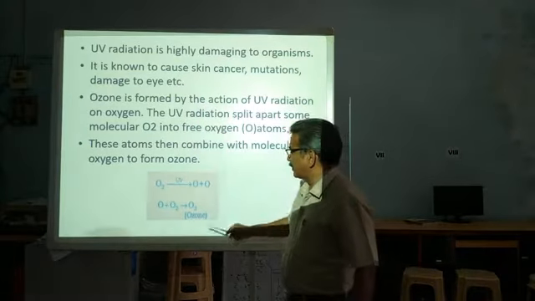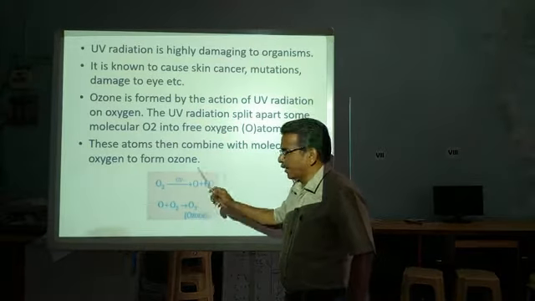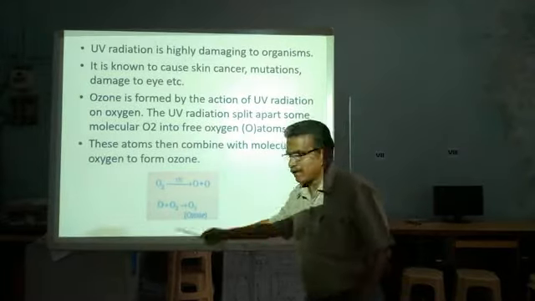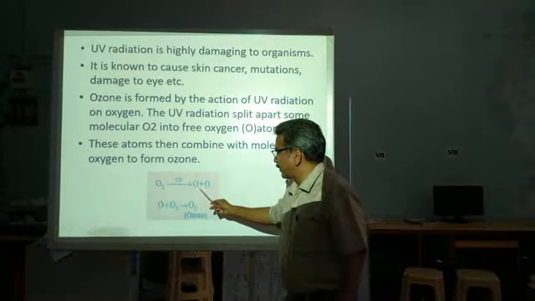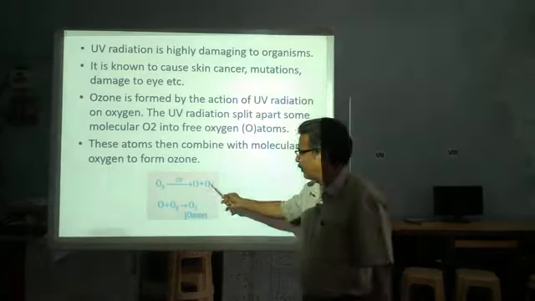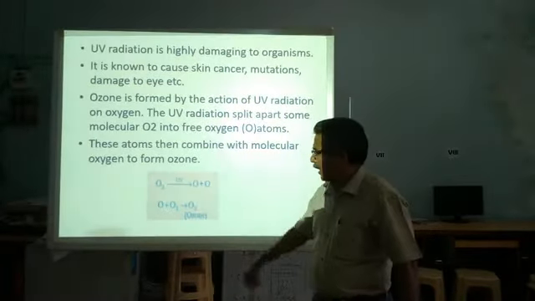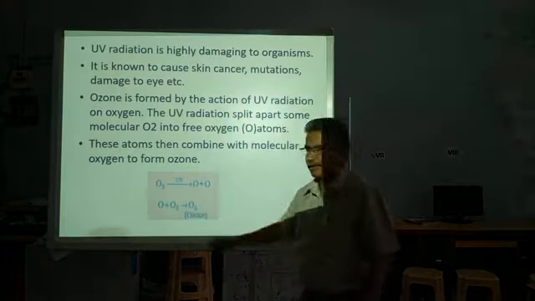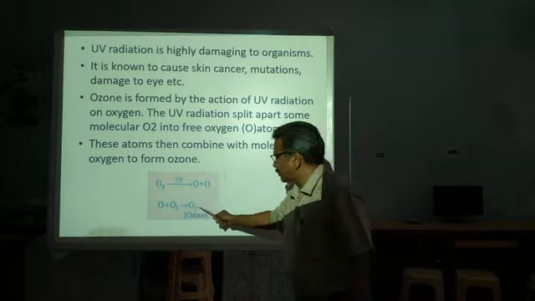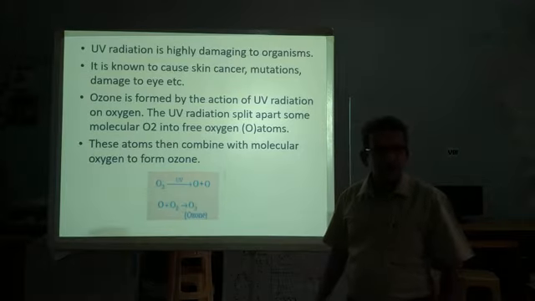It results in a combination of three oxygen atoms that we call ozone. So, oxygen in the presence of UV is split into two oxygen atoms, and these atoms are capable of combining with the oxygen molecule to form O3, ozone.